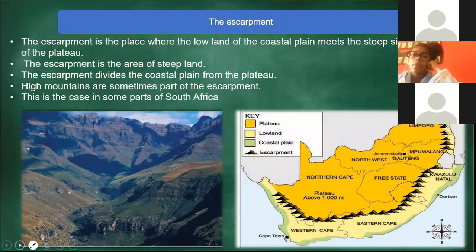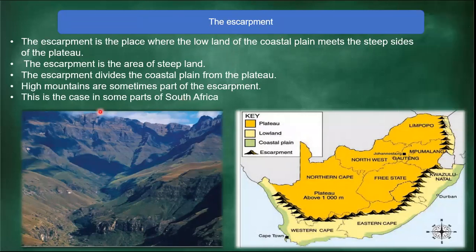As you can see around South Africa, there are higher mountains which are not exactly next to the plateau, but they are in the middle. So they are part of the escarpment because they will be dividing rivers at some point.